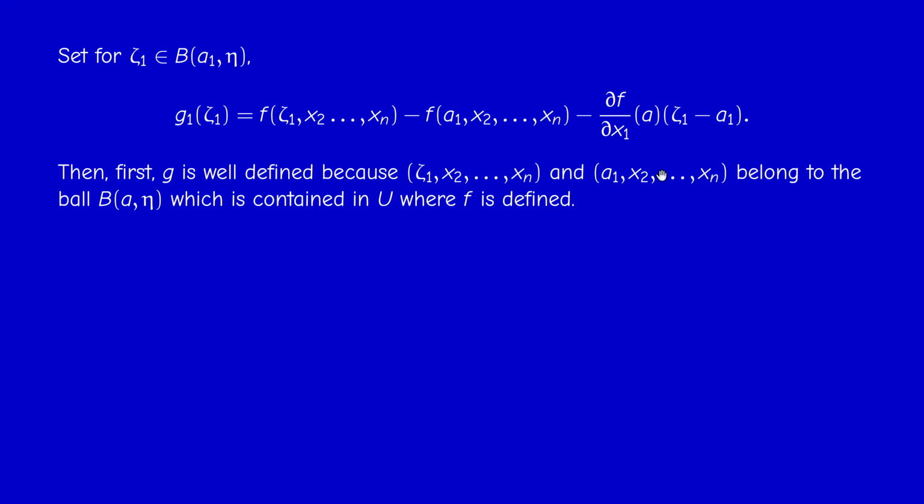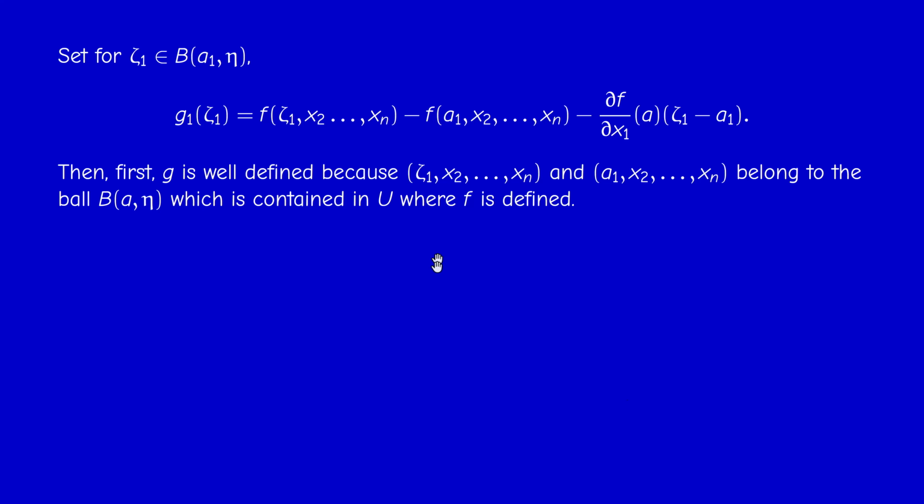And similarly for this argument of f. Okay, so this restriction of zeta1 tells me that these two vectors belong to the ball of center a and radius eta, which is contained in U, as we said. Okay, it's contained in the domain U of f. So everything is well defined here.